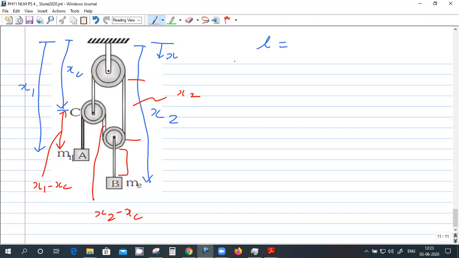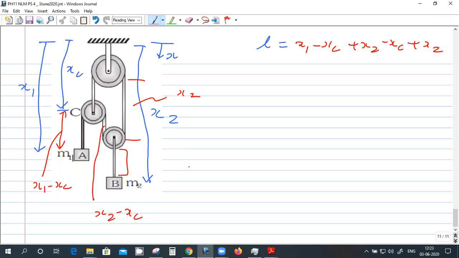Right. So the length of the string is x1 minus xc plus x2 minus xc plus x2. Is that right? There is one more length.